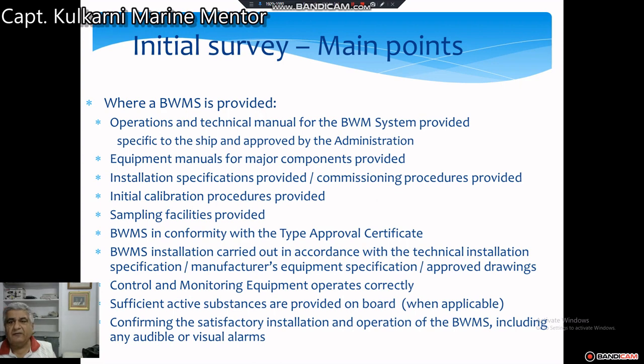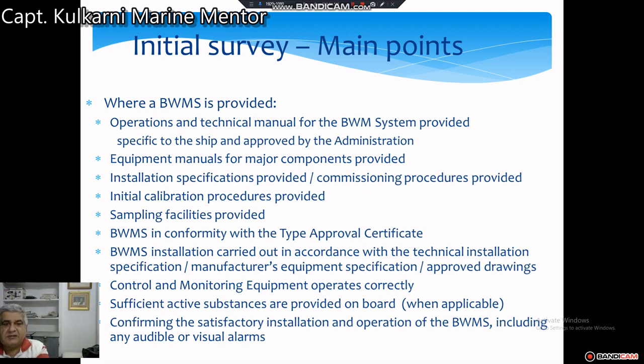Operation and technical manual for the ballast water management system. It will tell you about everything: what pumps are there, what is the capacity, how the pipelines are laid, and any maintenance and spare parts required. Equipment manual for major components, installation specification, initial calibration procedures provided. Once the pumps are installed, what calibration is done? Sampling facility provided: where are the sampling points?